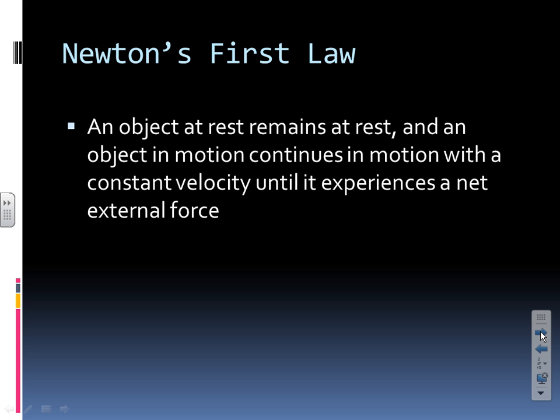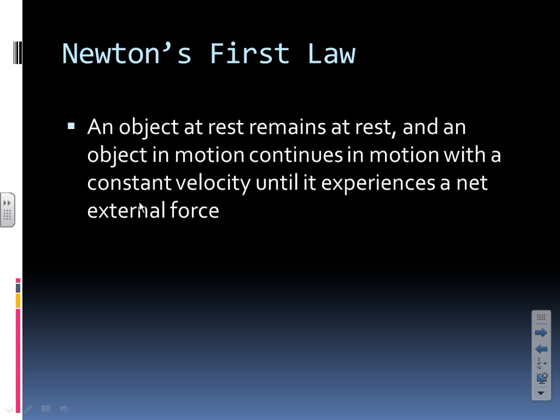It only moves because you make it move. But what Newton says is, no, not really. While yes, an object at rest will remain at rest, an object in motion will actually keep going. It's you or something else that makes it stop. If that something else wasn't there, it wouldn't stop on its own. It would just keep going and going with a constant velocity.